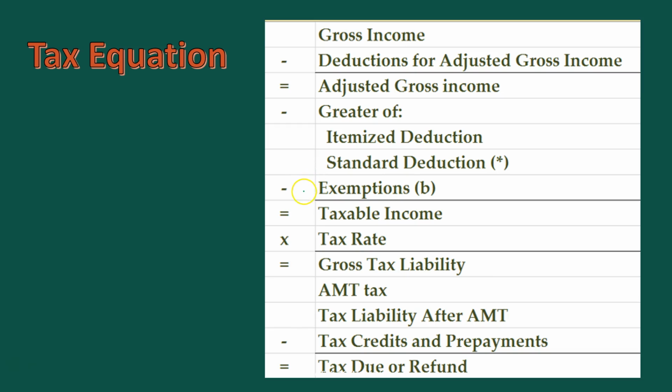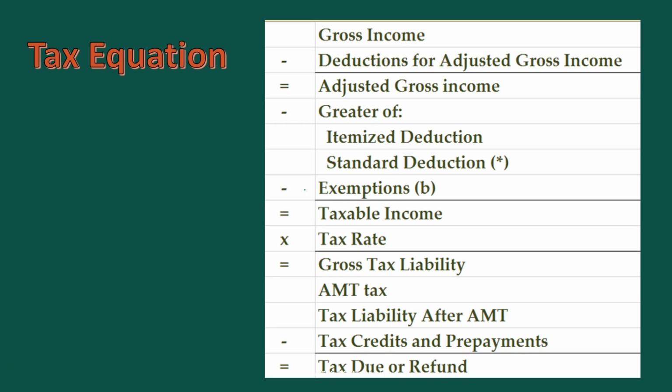After that, we're going to subtract also exemptions. Exemptions act like a deduction in that they reduce the net income, but they are given as basically a base amount for, one, the taxpayer, and two, the dependents of the taxpayer, like children.